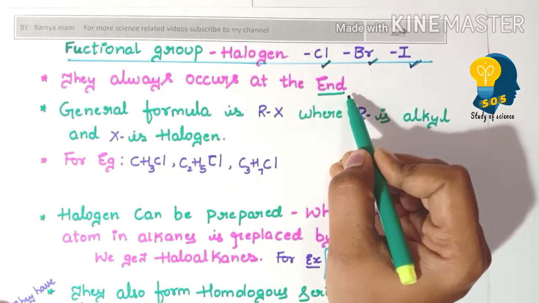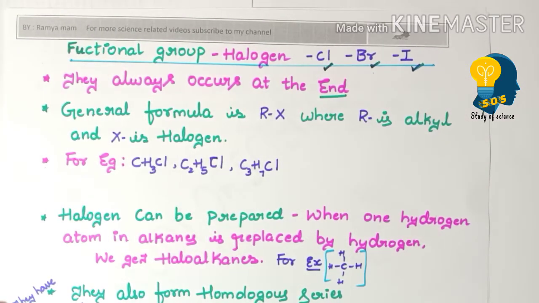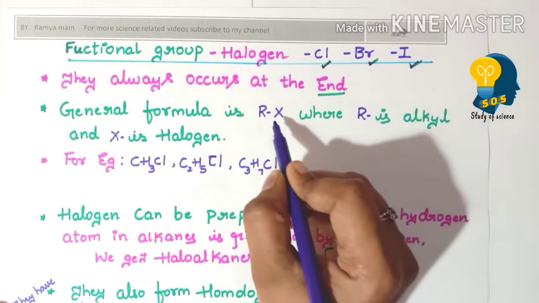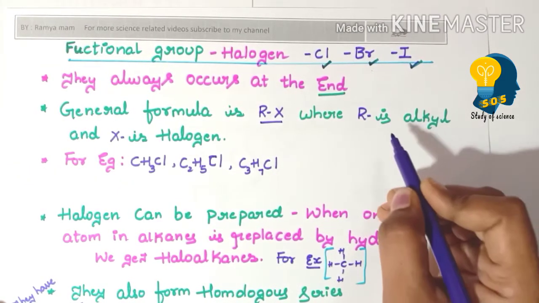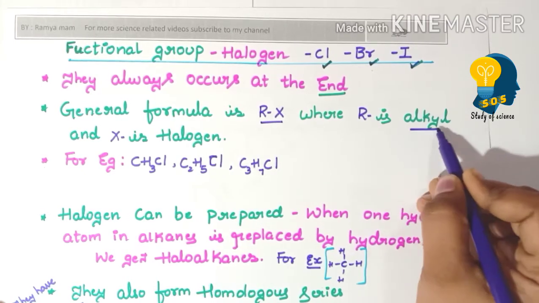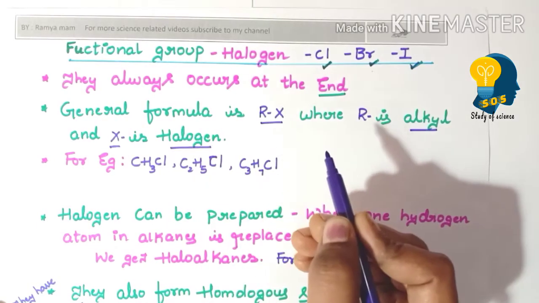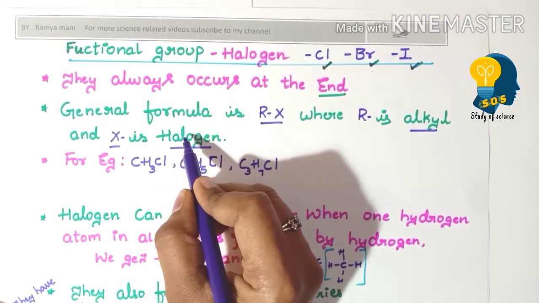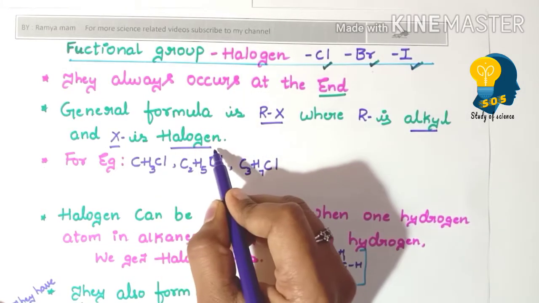The general formula for the halogen is RX, where R is the alkyl and X is the halogen. I repeat, the general formula is RX, where R is the alkyl and X is the halogen.